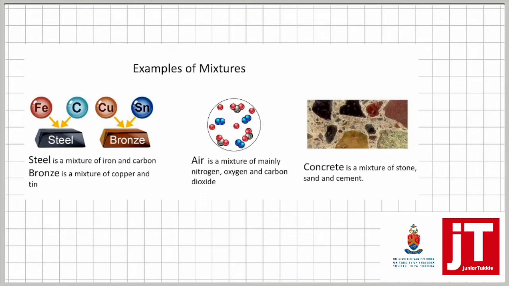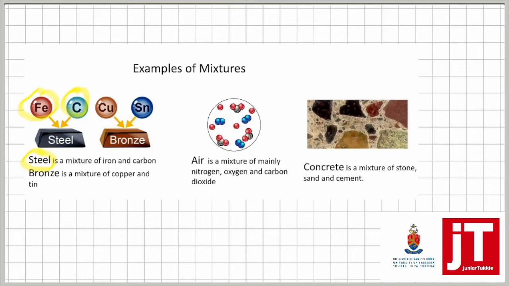So here are some examples. If we look at steel, steel is a mixture of iron and carbon. So there's a certain percentage of iron and a certain percentage of carbon, which gives steel its particular properties. If we change the ratio of iron to carbon, we get different properties of the steel.